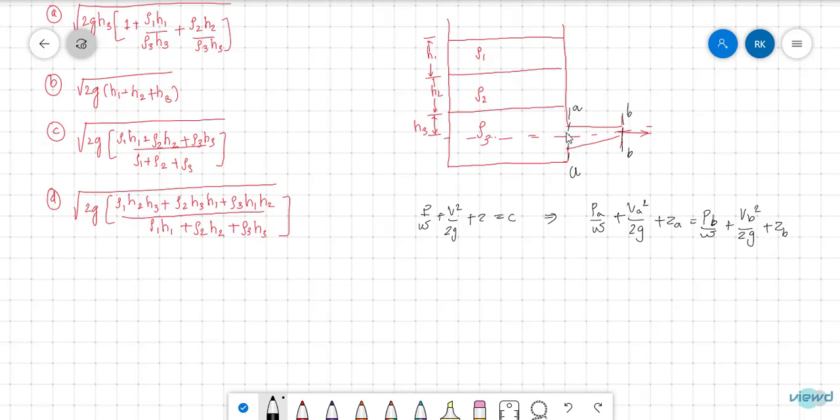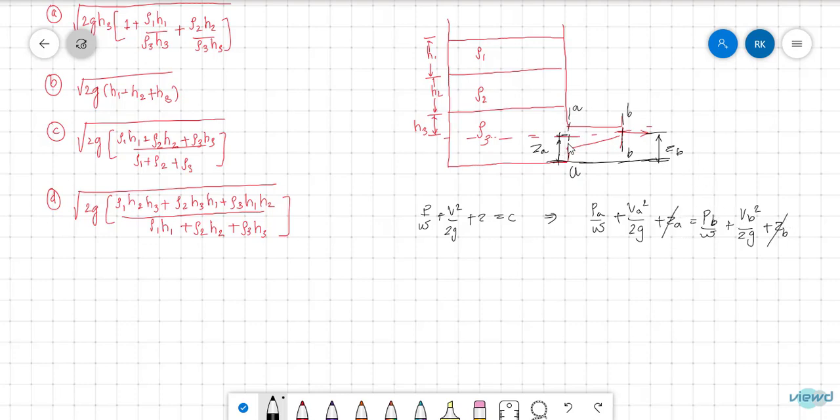Here ZA and ZB, if I am taking this as a datum line, are equal, so both get cancelled.